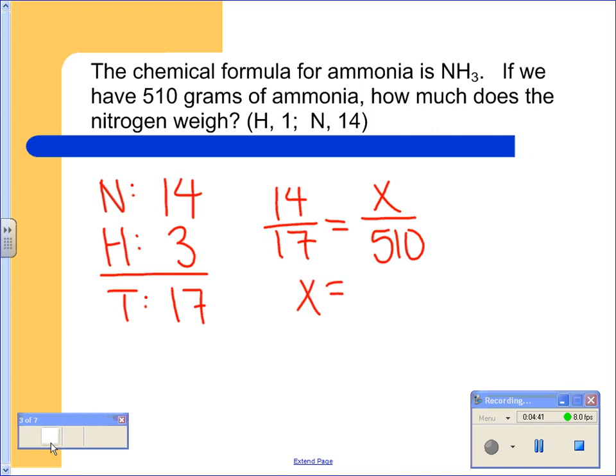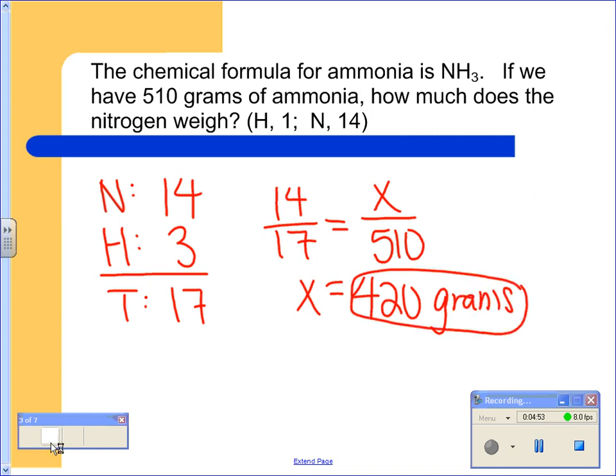Or they will move it for you. What would you get for X? Y'all see how that works? Any questions on this one?